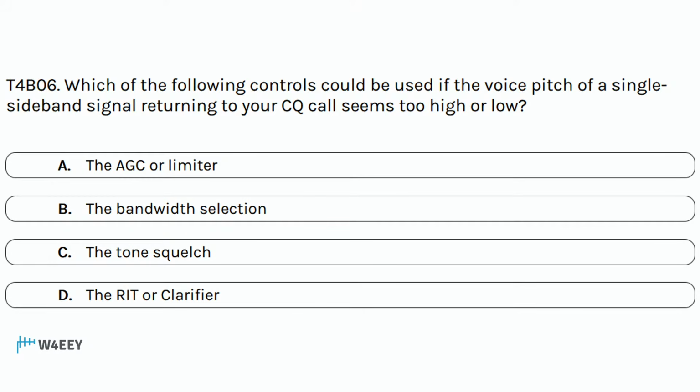And which of the following controls could be used if the voice pitch of a single sideband signal returning your CQ call seems to be too high or too low? Delta. Yeah, or the net operation where the one guy is off frequency, you use the receive incremental tuning, also known by some as a clarifier.